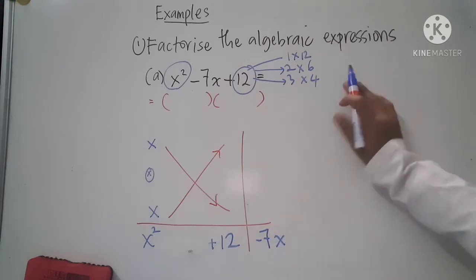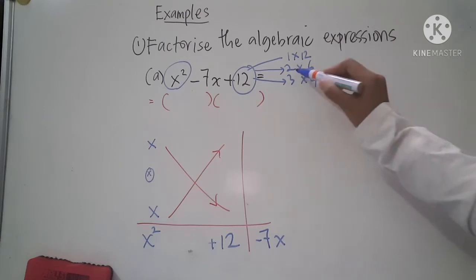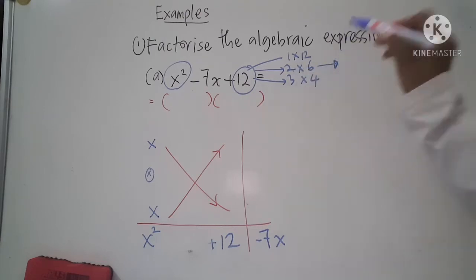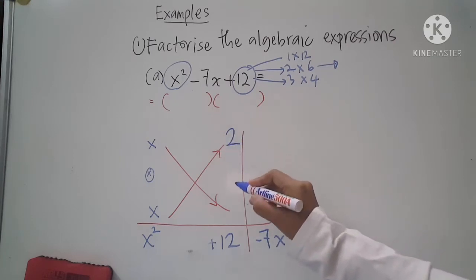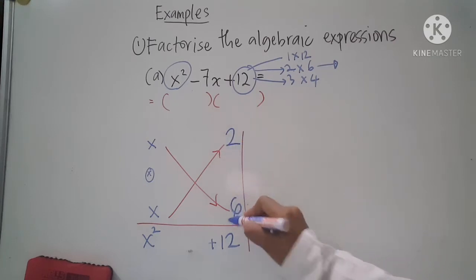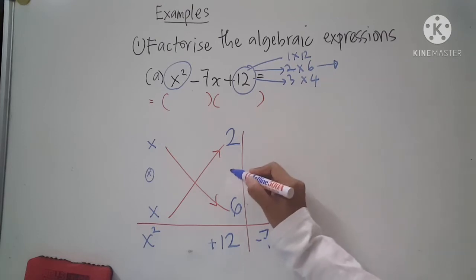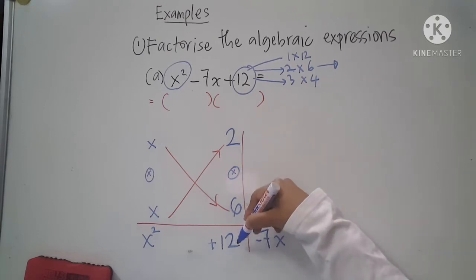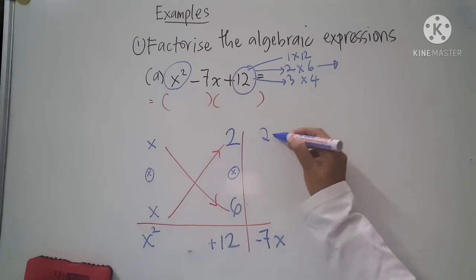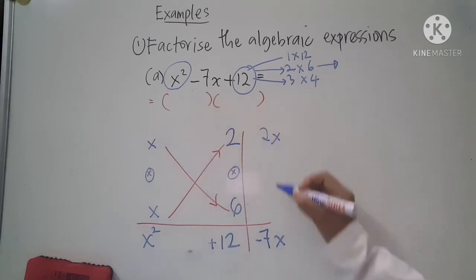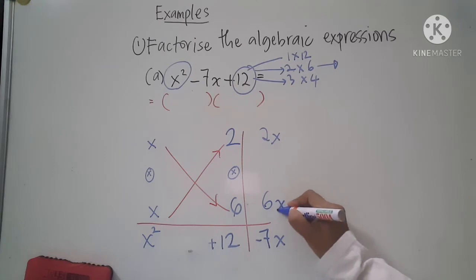Now let's say I choose the 2 and 6. Let's say I put here 2 and here I put 6. 2 times 6, 12. Now x multiplied by 2 is 2x. x multiplied by 6, we have 6x.